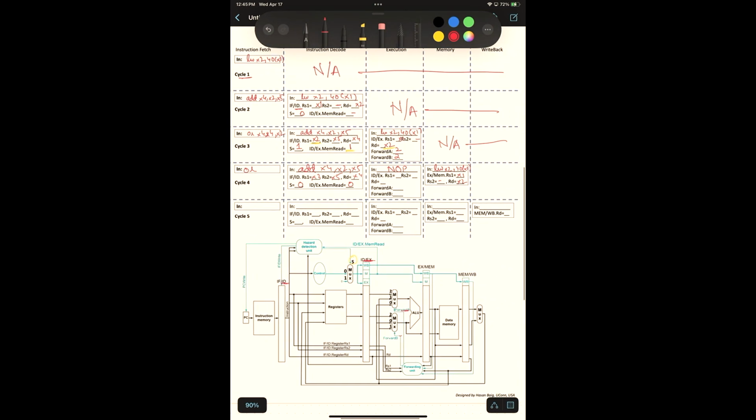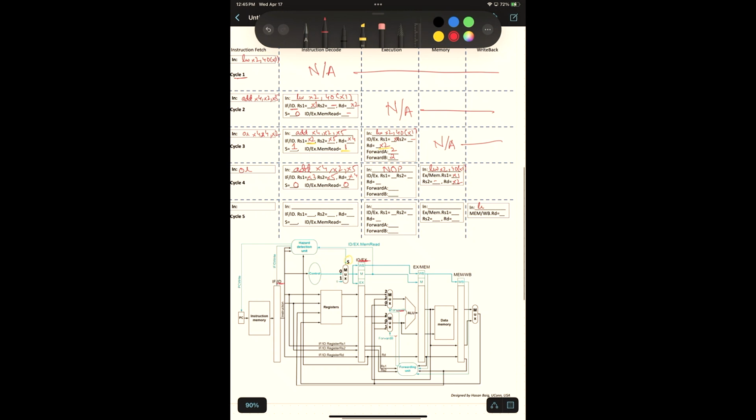In clock cycle number 5, when LW reaches here, its RD is X2, right? And this NOP will be moved to this stage of the pipeline, and here the add instruction will move: add X4, X2, X5. Again RS1 is X2, RS2 is X5, and RD is X4.